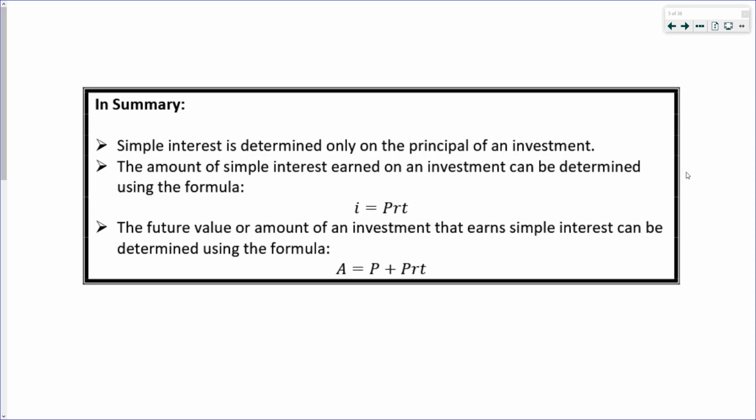The future value of an investment that earns simple interest can be determined using the formula A is equal to P plus PRT. So A represents the future value, P is the principal, and this PRT is the interest that you figured from the previous formula. And that is the end of our example video.